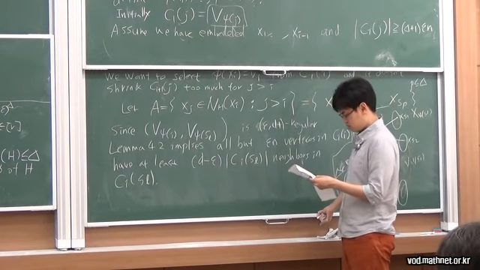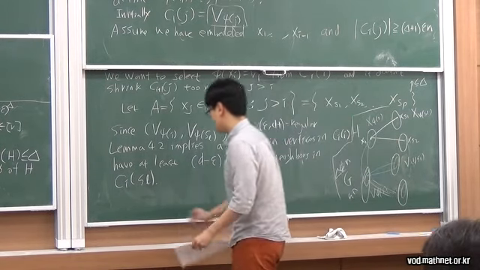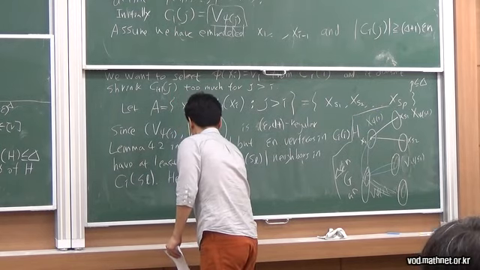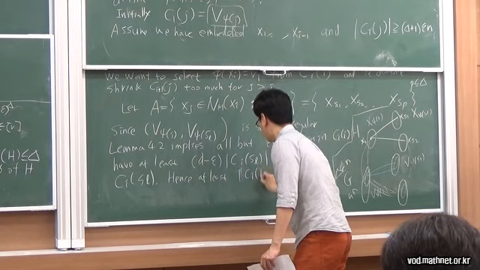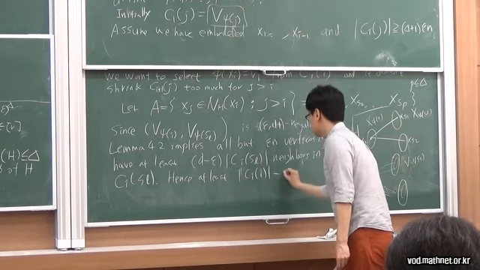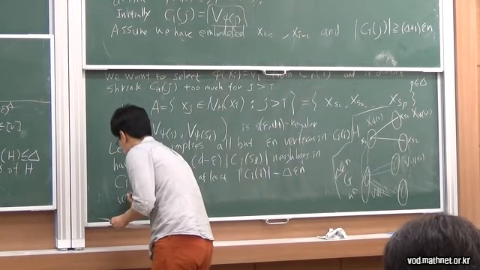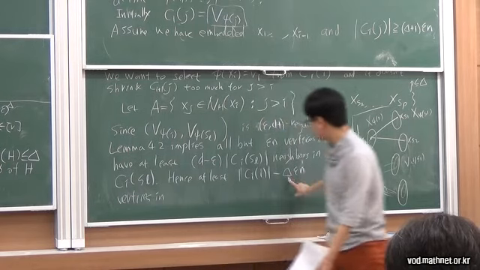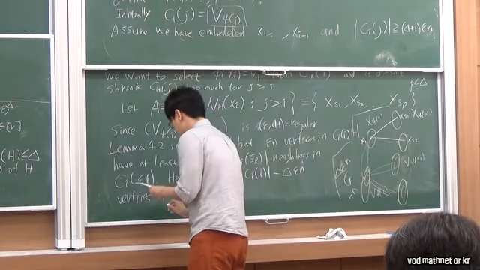Hence at least, so size of C sub I minus delta epsilon n vertices in here. This is actually P times epsilon n, but P is at most delta, so delta epsilon n.